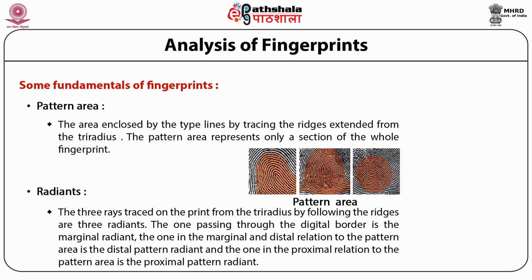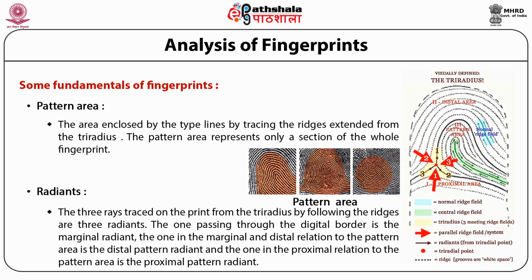The one in the marginal and distal relation to the pattern area is the distal pattern radiant, and the one in the proximal relation to the pattern area is the proximal pattern radiant. The figure is showing you the distal and proximal area, with one representing the point towards the distal radiant, two towards the proximal radiant, and three towards the marginal radiant.